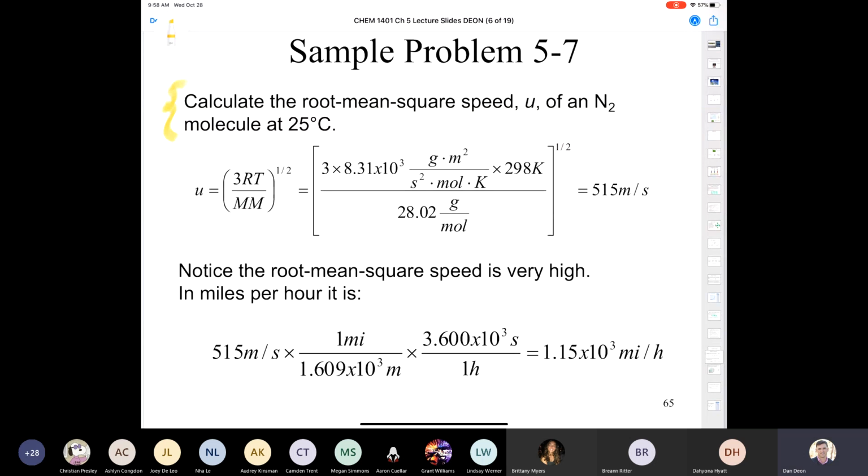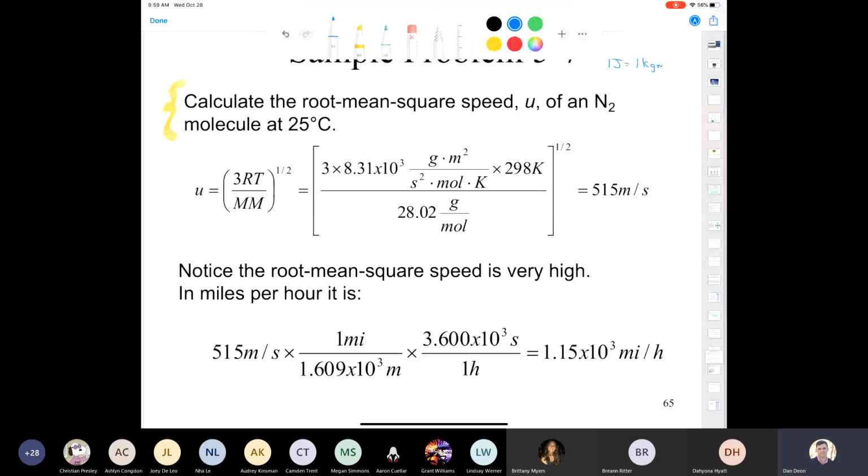And if you back up quite a few slides ago, we looked at actually 3 values for the gas constant. 0.0821 liter atmospheres per mole Kelvin. Then, even today, we've looked at 8.31 joules per mole Kelvin. Keeping in mind that 1 joule is equal to 1 kilogram meter squared per second squared.